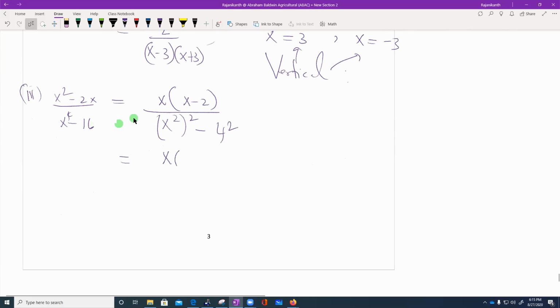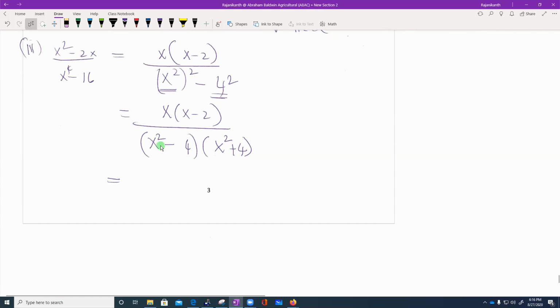So if I use a squared minus b squared for the denominator, a is x squared and b is 4. Therefore, that could be written as a minus b and a plus b. Now again, one more time, different square, 4 can be written as 2 squared. Therefore, you could factorize further for the denominator, that is x minus 2 and x plus 2.